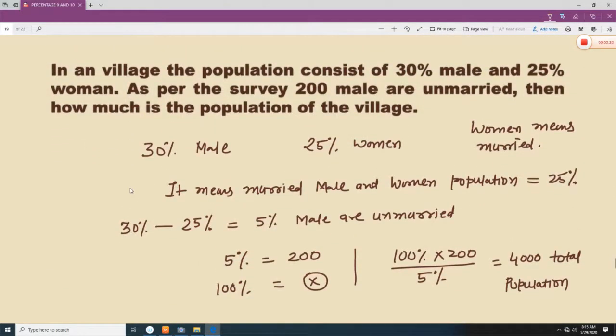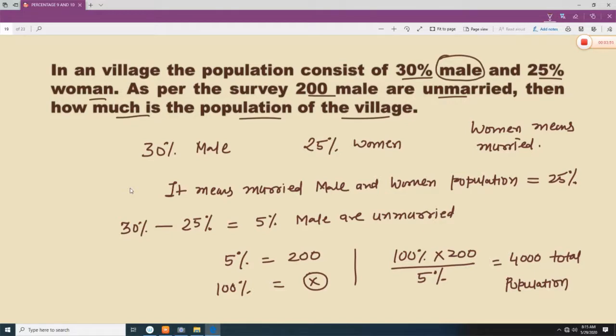In a village, the population consists of 30% male and 25% women. As per the survey, 200 male are unmarried. Then how much is the population of the village? Now please understand, if it is given male, male will include boys, even children who are male.